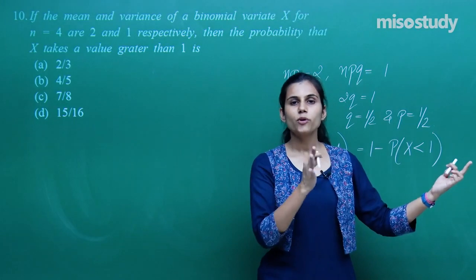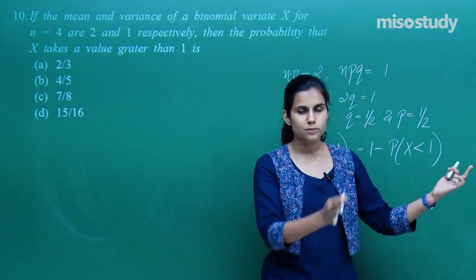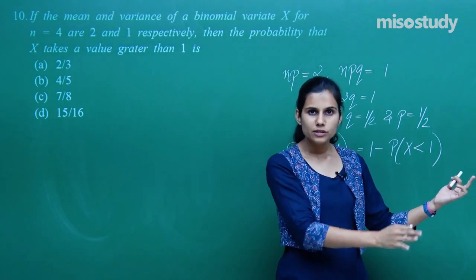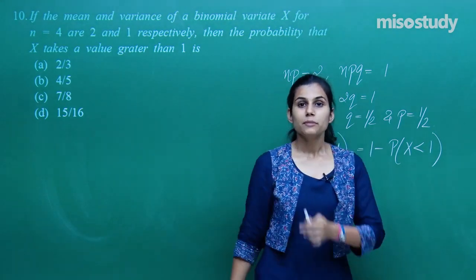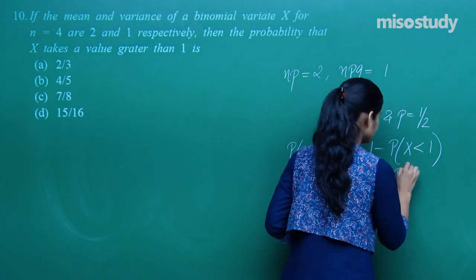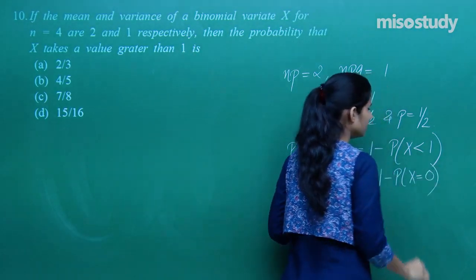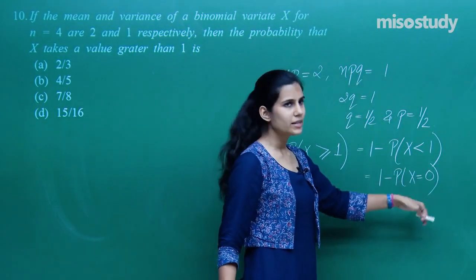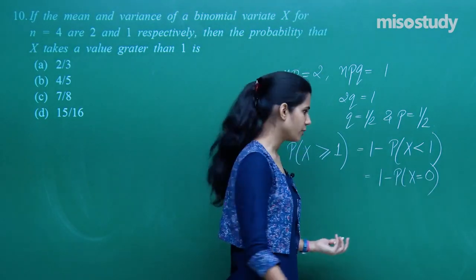I want to evaluate the probability of x equals 2 plus 3 plus 4, so it is nothing but 1 minus probability of x equals 0 and 1, which is 1 minus probability of x equals 0 and 1. There is nothing less than 1 other than x equals 0.